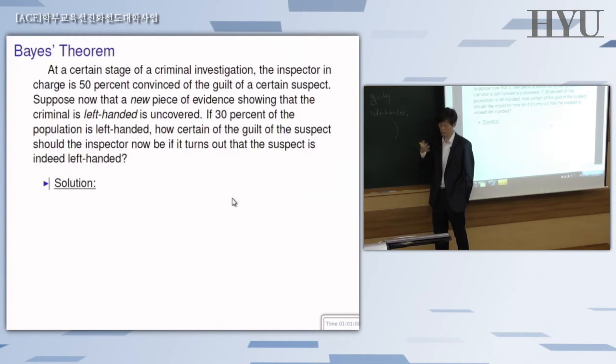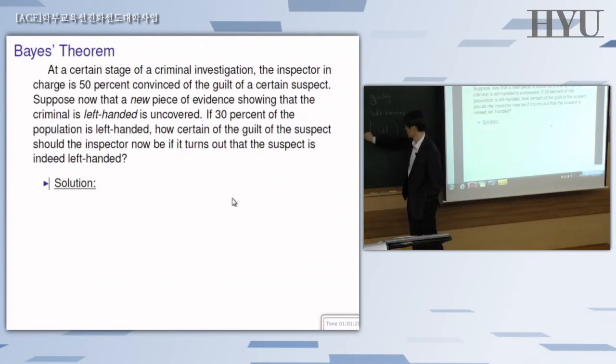What's the probability that you ultimately want to get here? A conditional probability, of course, because this is Bayes' theorem. Well, what should be in here? Left-handed. And here should be G.